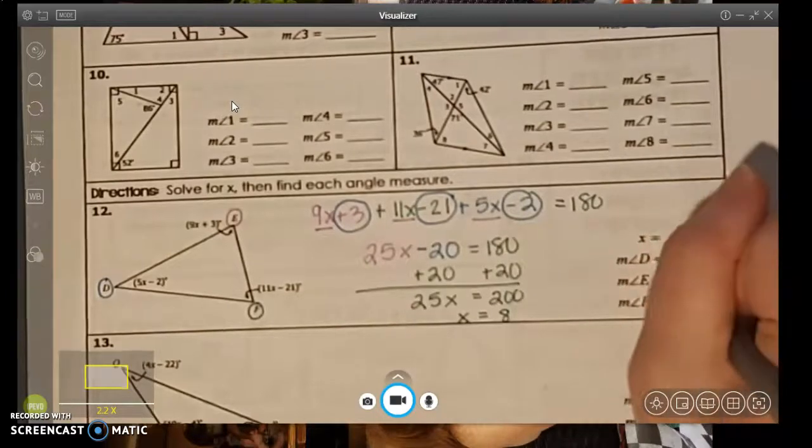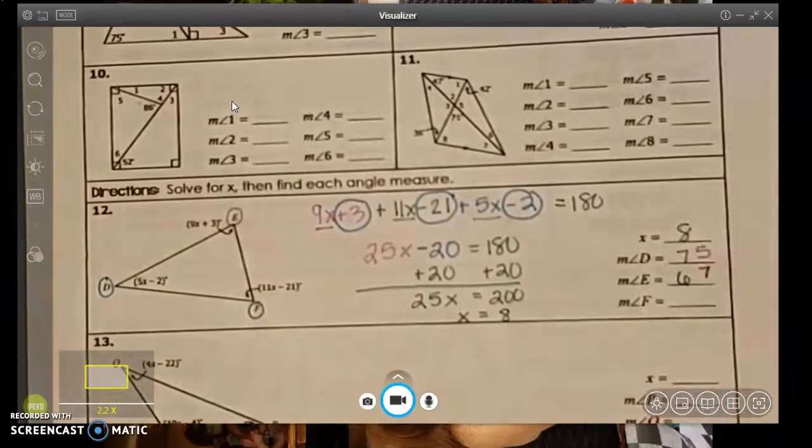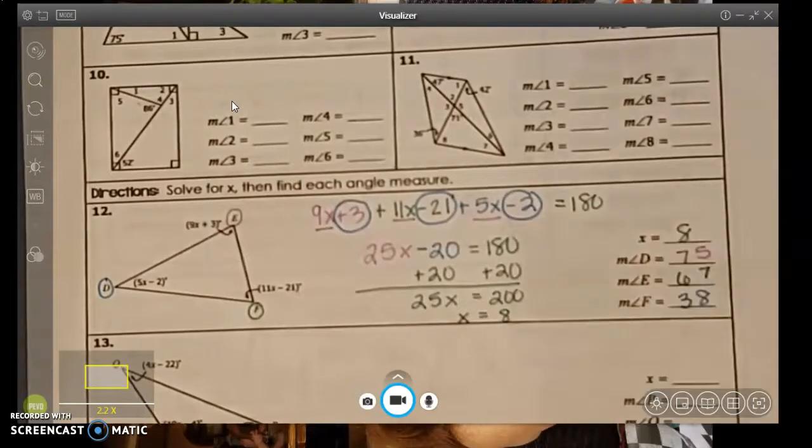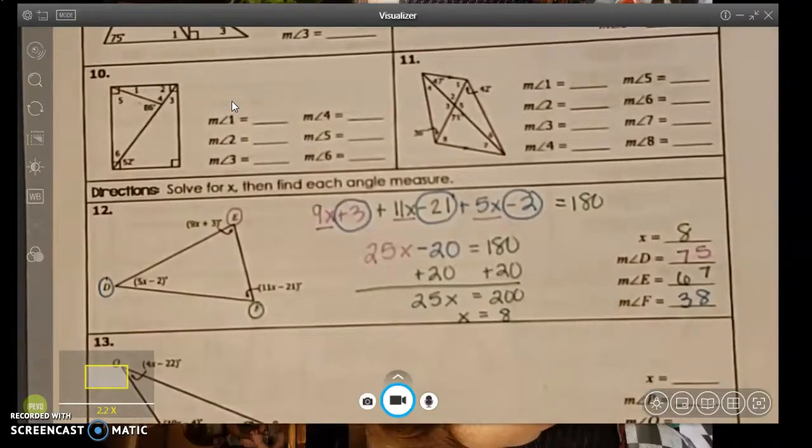And lastly, for D, I'm going to do 5 times 8 minus 2, and that is 38. Then you can add these all together to make sure that they equal 180. So 75 plus 67 plus 38 does equal 180, so we've done it correctly.